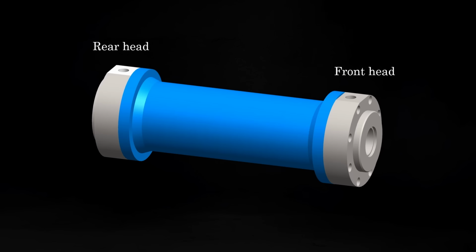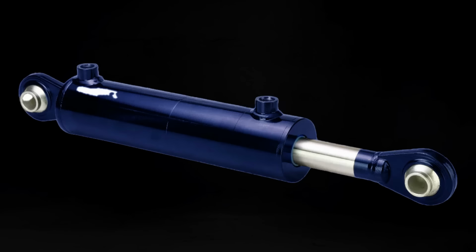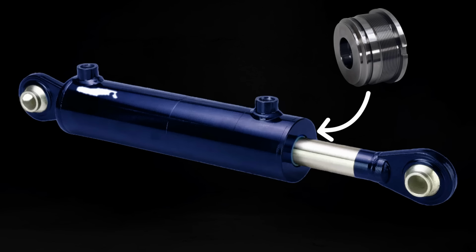We can call it front head and rear head. However, these heads can also be tightened with tie rods, something like this. Or the head can be threaded inside the tube as well, depending on the design of a hydraulic cylinder.